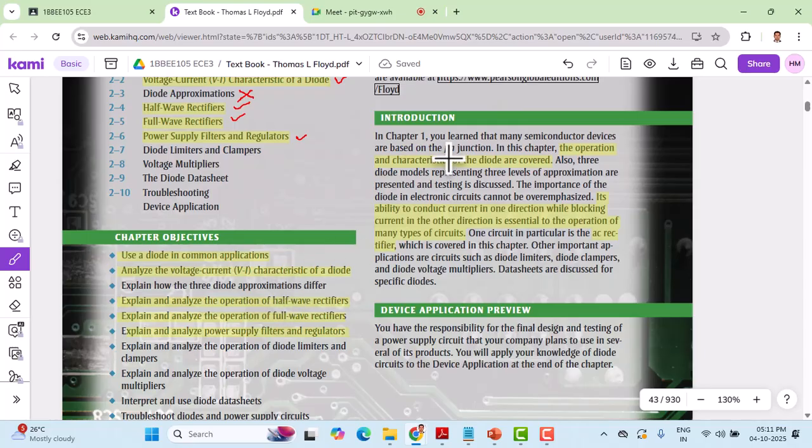If we move on to the introductory section, we need to understand the operation and characteristics of the diode that is covered in this chapter. We should know how the diode conducts; its ability to conduct current in one direction while blocking current in the other direction is essentially the operation of many types of circuits.